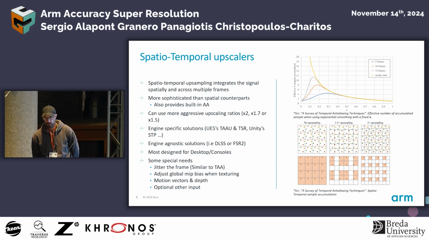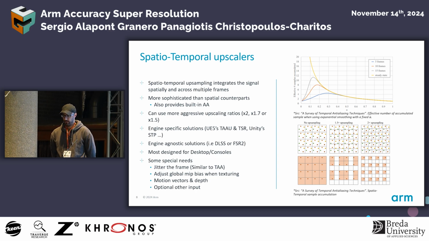On the other side, we have spatiotemporal upscalers. The main idea is to reconstruct the high-resolution signal by integrating spatially and temporally across multiple frames. They are quite more sophisticated than spatial upscalers, and they also provide built-in AA. They can also be used for more aggressive upscaling, so the 70% I mentioned earlier becomes even less with them.